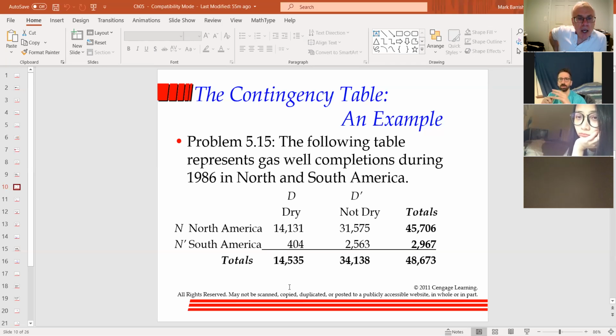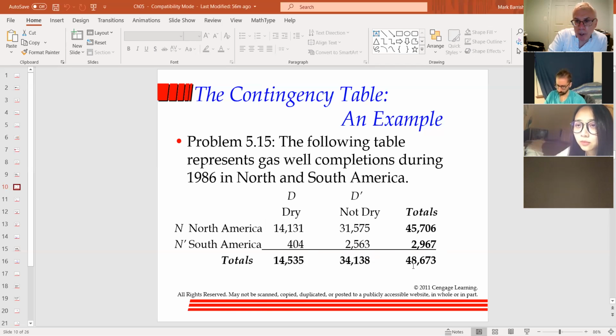And how many were in South America but were dry? 404. Yeah, those are joint counts because they're two variables occurring together. You see how it works? So these four numbers are joint numbers, and then these two and these two are marginal totals, and this is, of course, your grand total.